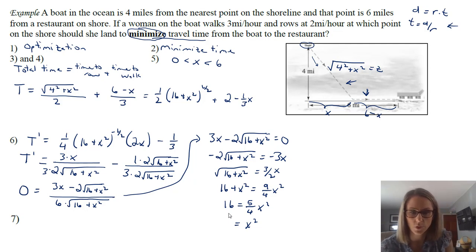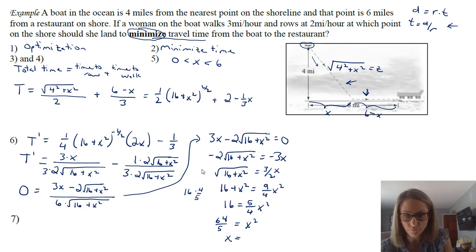So multiplying 16 times 4/5 looks like it's going to give me 64/5. And then I'm going to take my square root, understanding that that would give me a plus or minus, but of course I can't use the negative because our x has to be a positive value, so the square root of 64 over 5.